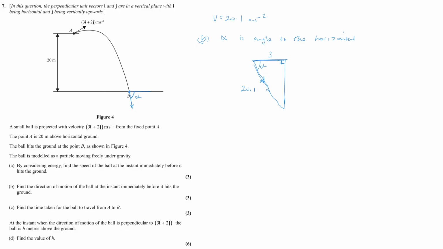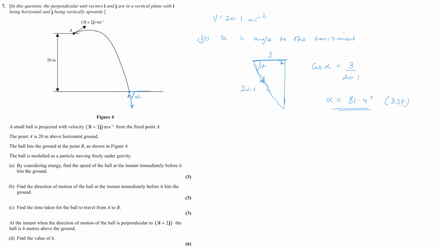So cos alpha is adjacent over hypotenuse. So 3 over that, shift cos. So the angle is 81.4, or 81.43, there's the 3 significant figures.